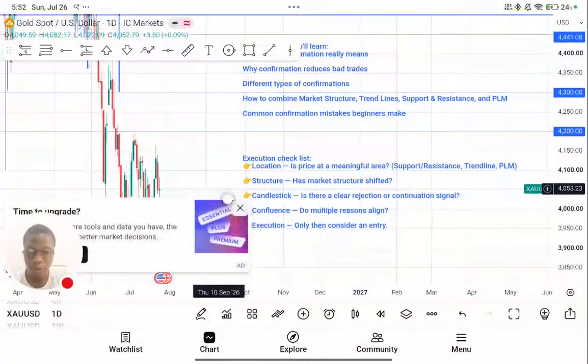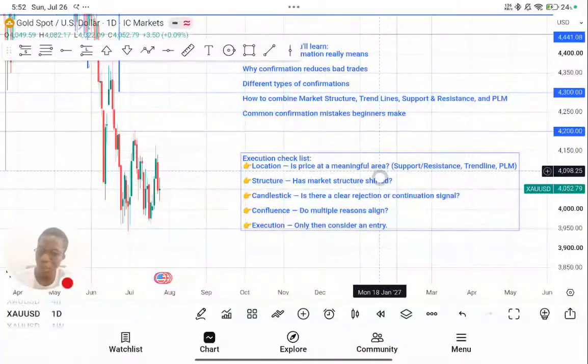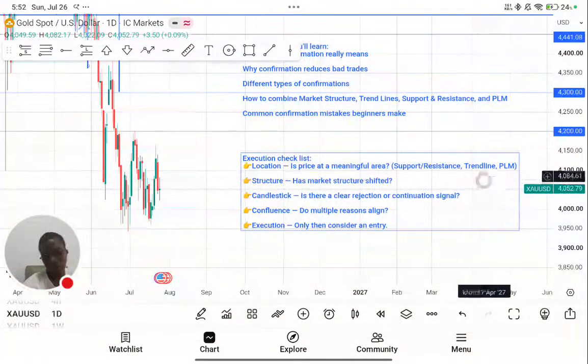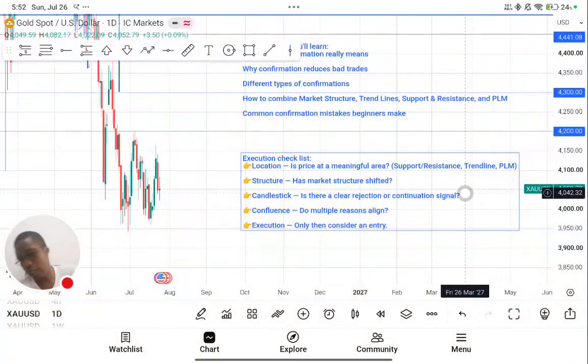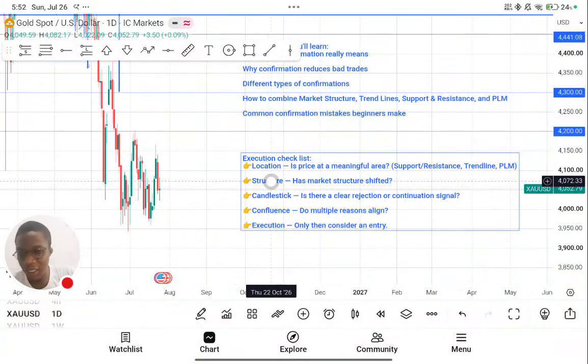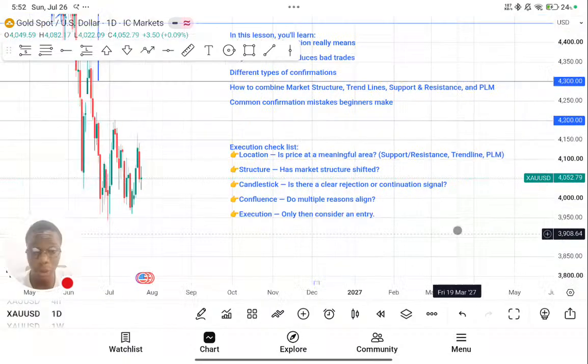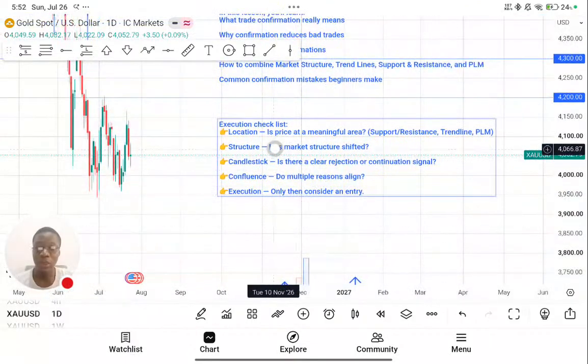First off, ask yourself, is price in a meaningful area? Meaningful area: support, resistance, anything you want to value. What is the market structure saying? Has the structure shifted bullish or bearish? You already know the criteria for uptrend or downtrend, because this is what we tell you.